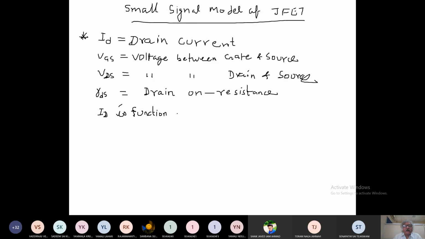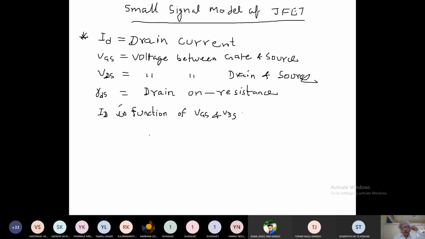So ID is a function of VGS and VDS, right? In yesterday's lecture, we discussed that the value of ID changes with respect to both the voltages.